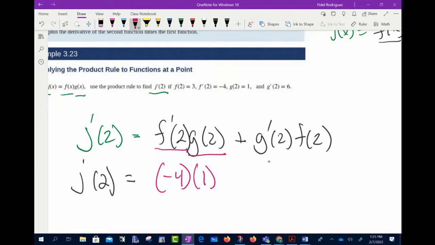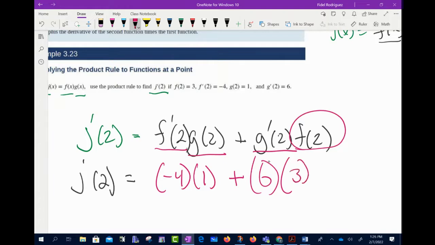Positive 1, right? Good. Plus, do we know what g prime at 2 is equal to? 6. Very good. What about f of 2? It's f of 2, though. What's f of 2? There you go. Good.